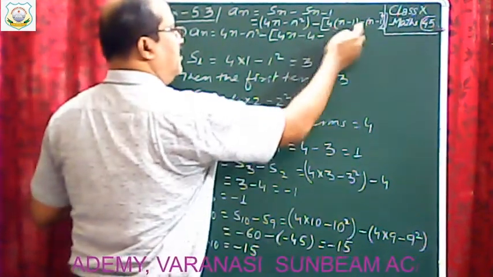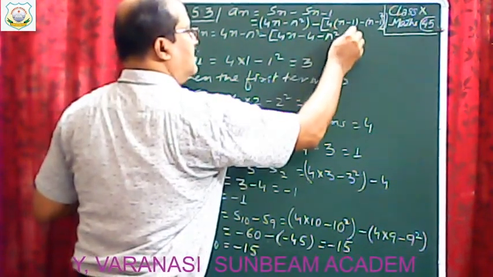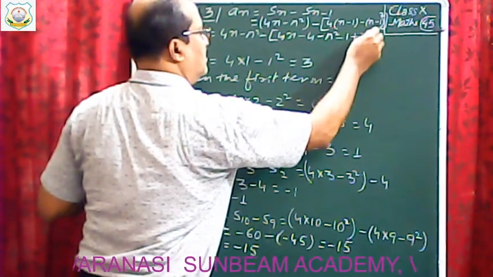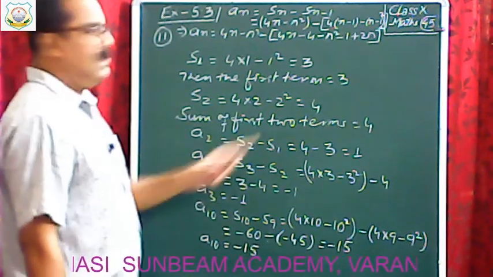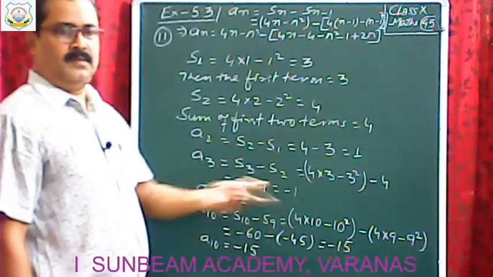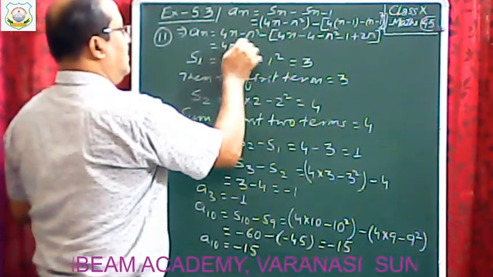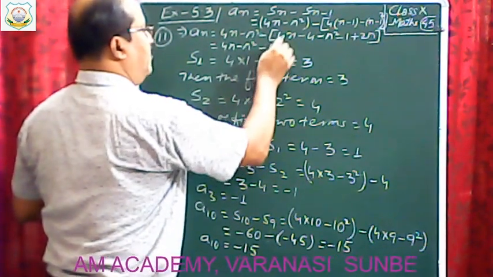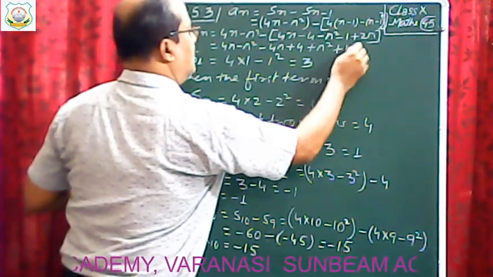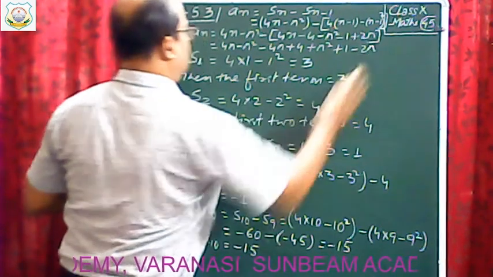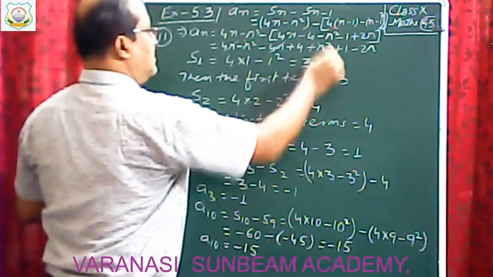The minus sign is before the bracket, so you have to make the opposite sign and write the terms. That is equal to 4n minus n square, open the bracket, 4n plus 4 plus n square plus 1 minus 2n. So 4n minus 4n cancel, n square plus minus cancel.